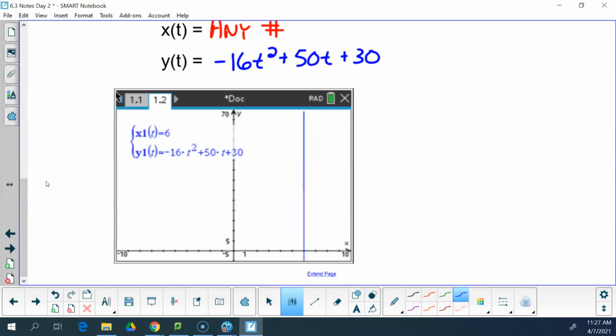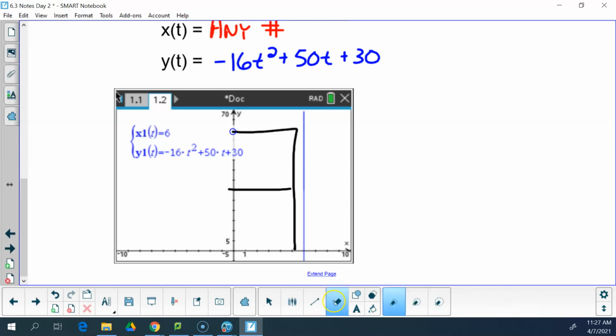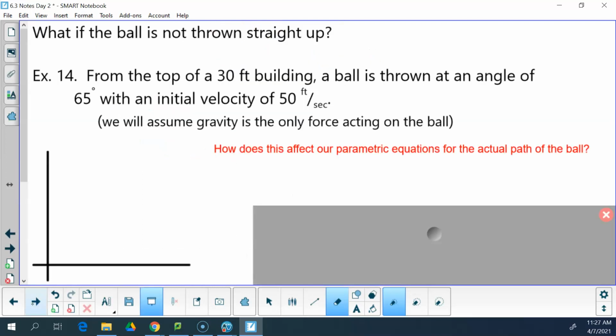And there's the situation. We could even draw in our building here. Oops, the building would actually be down here: 5, 10, 15, 20, 25, 30. The building would be there. But, like we were saying before, we don't always launch stuff straight up in the air.